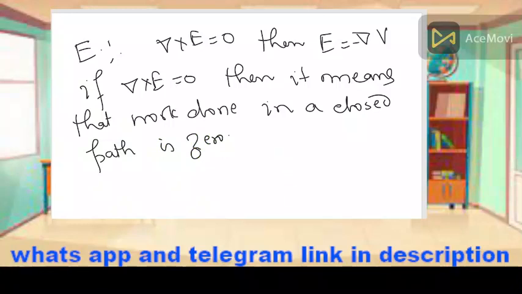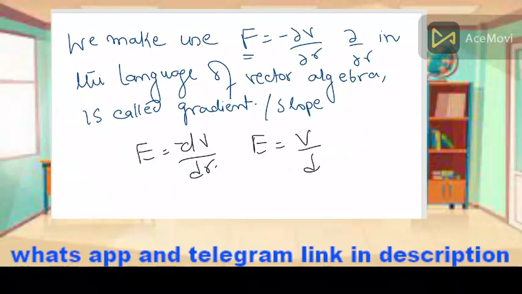The closed path integral of E dot dl will be equal to 0. This fact we have come across many times. So if there is any function whose curl is 0, then the work done in the closed path is 0.